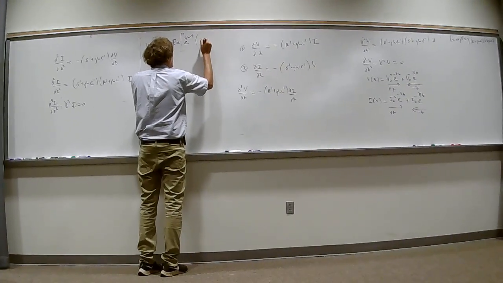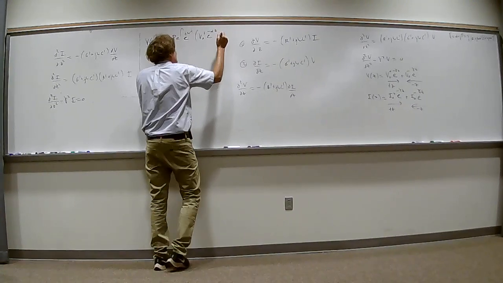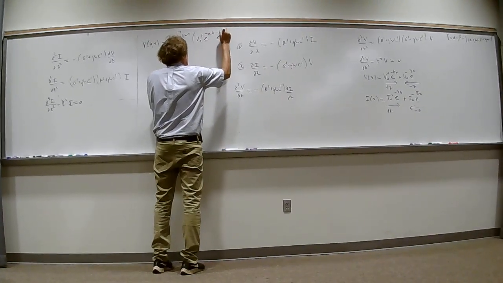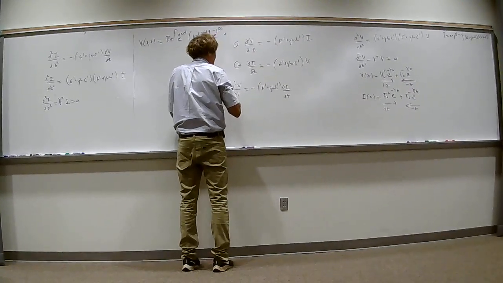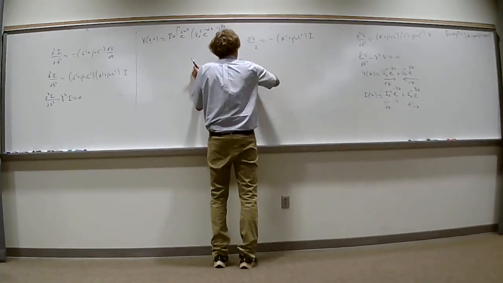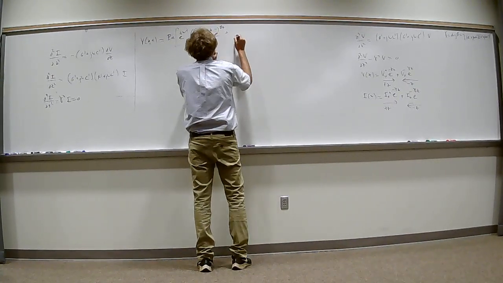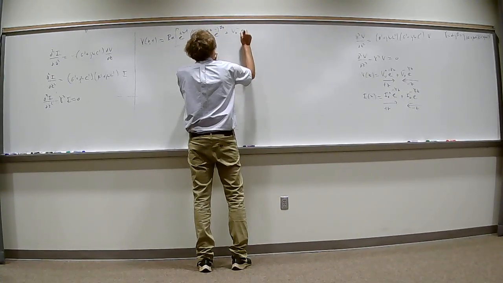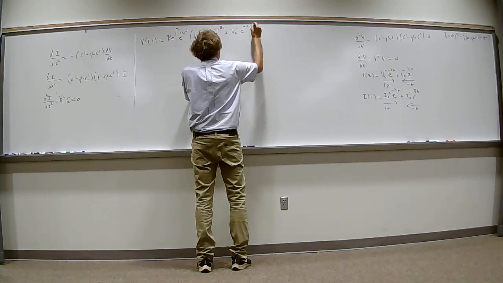The phasor form would be what? V0 plus e to the minus alpha z, e to the minus j beta z, plus this times V0 minus e to the alpha z, e to the j beta z.